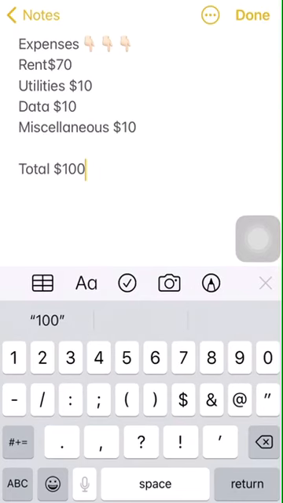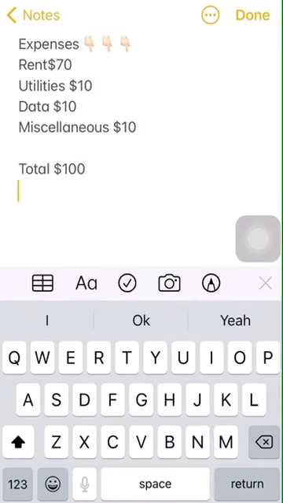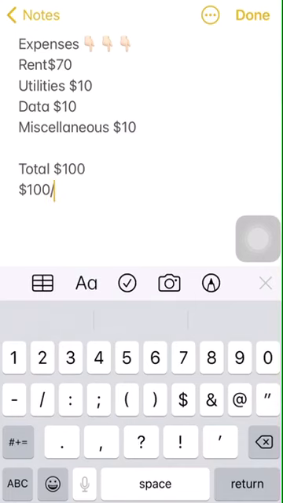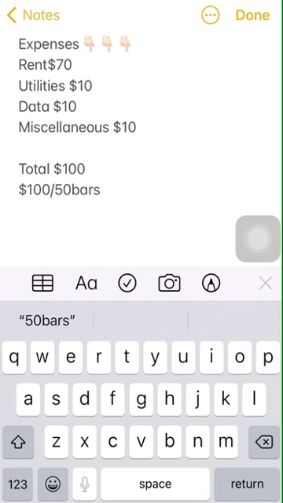So if maybe you make 60 bars of soap in 1 month, so that will be 6 batches. So let's divide 100 divided by, let's just say 50 bars. I hope you're understanding this side.